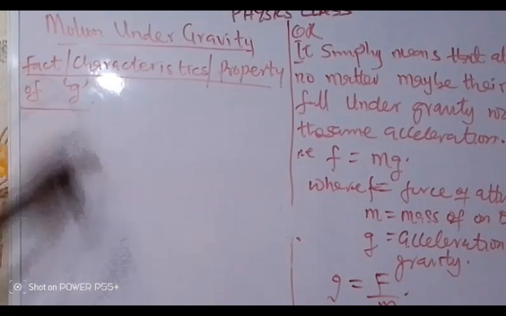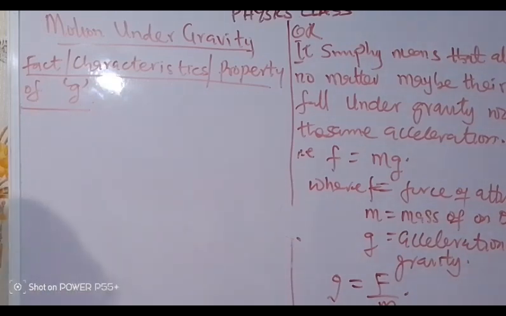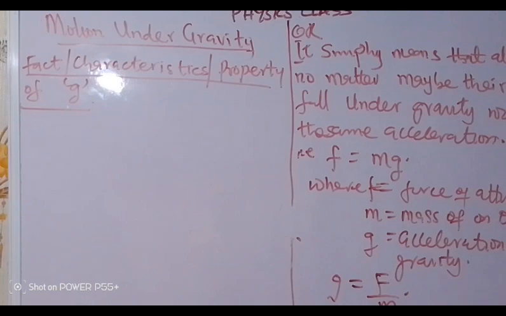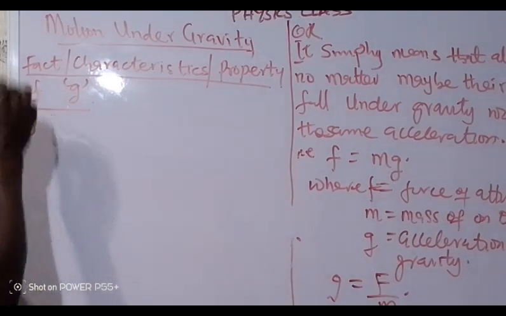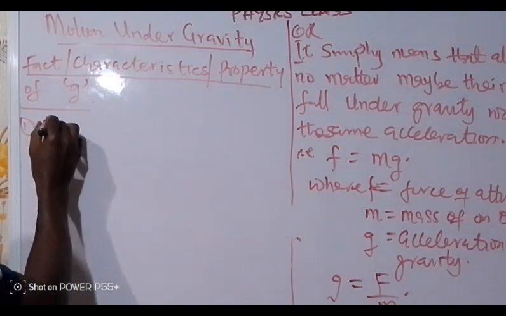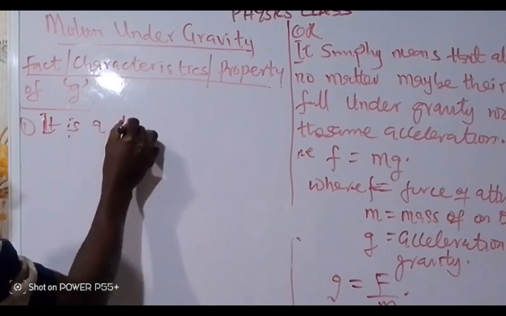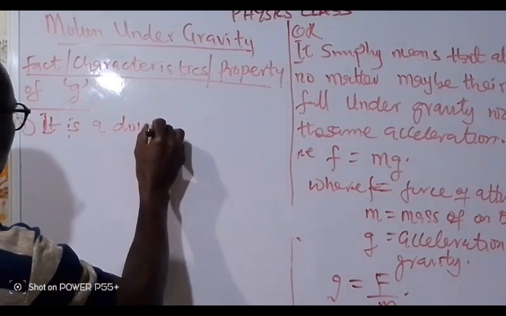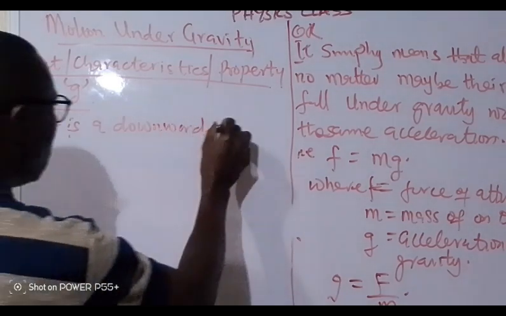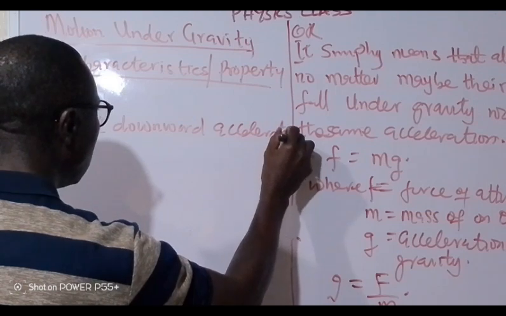Now, the next thing is, let's look at facts or characteristics or properties of acceleration due to gravity g. Number one, g is a downward acceleration.